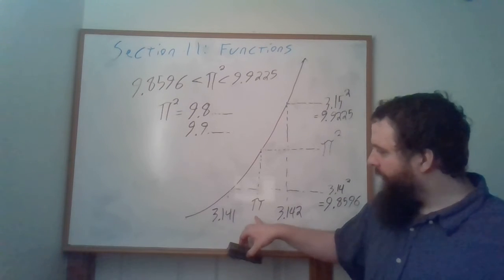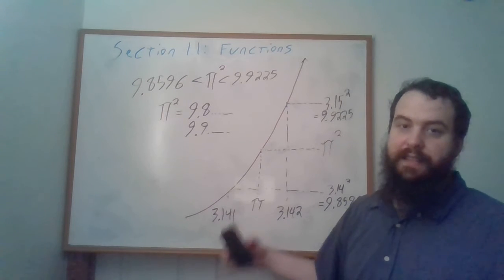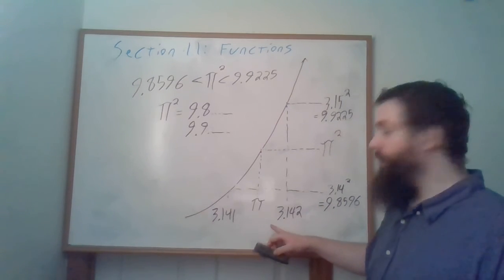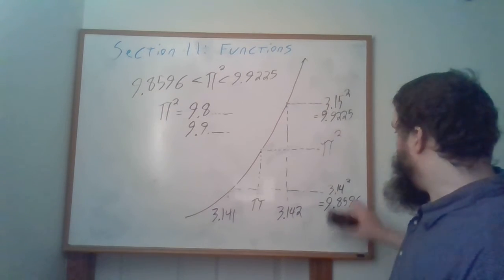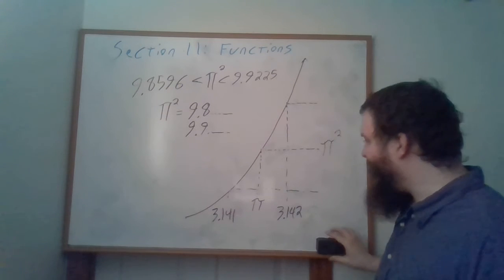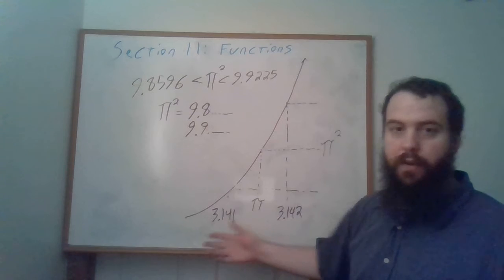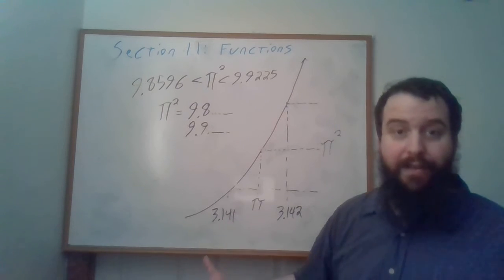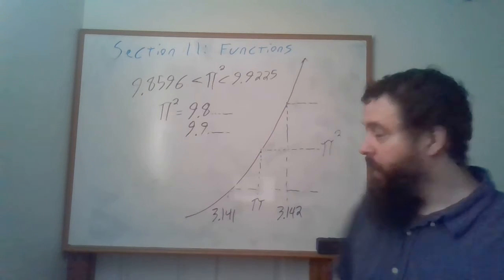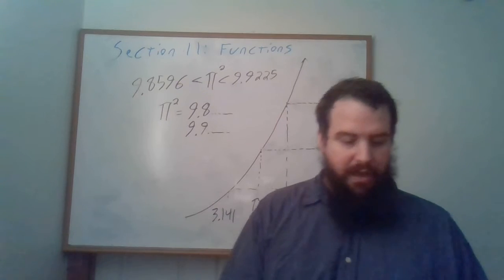So I know that pi starts off with 3.141, and that means that pi is somewhere in between 3.141 and 3.142. And okay, now we have to calculate what 3.141 squared is, and what 3.142 squared is. And that gives us some upper and lower bounds on pi squared.